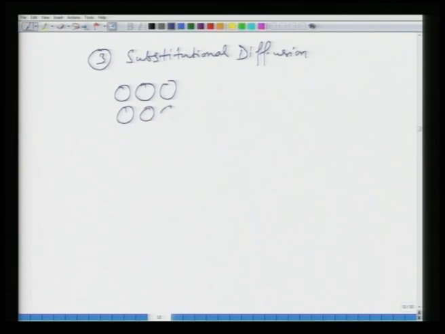On the other hand, if you have substitutional diffusion, where this guy replaces places with this, it demands large delta H star.